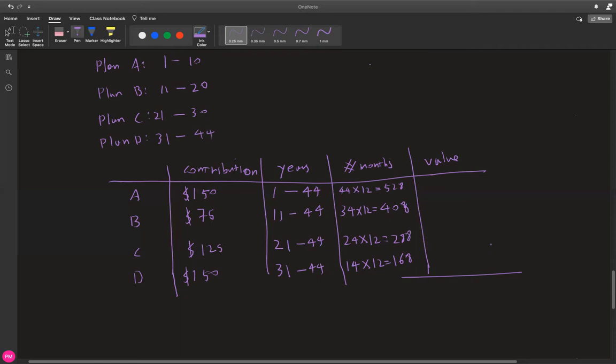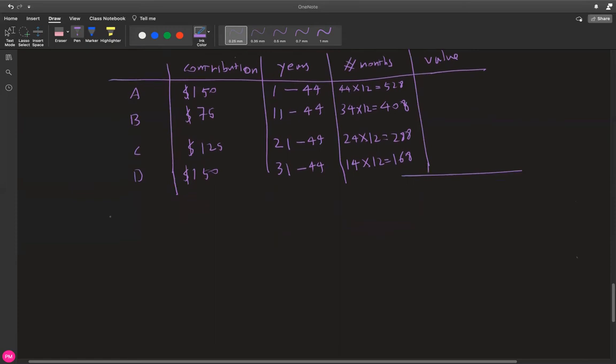So let's do the calculations. We've done calculations several times, so we know how to do them really quickly now. So let's do plan A. So plan A savings should be you're doing $150 per month.